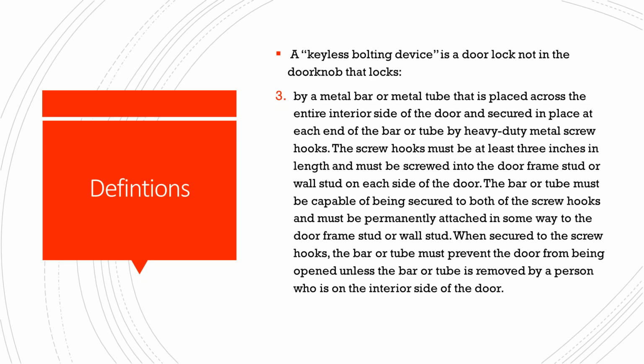And then the third option under keyless bolting device is a door lock not in the doorknob that locks by a metal bar or metal tube placed across the interior side of the door. When secured to screw hooks, the bar or tube must prevent the door from being opened unless the bar or tube is removed by a person who is on the interior side of the door. So again, all of those three things can comply with or equal a keyless bolting device, but that first one I mentioned might be the most widely used.